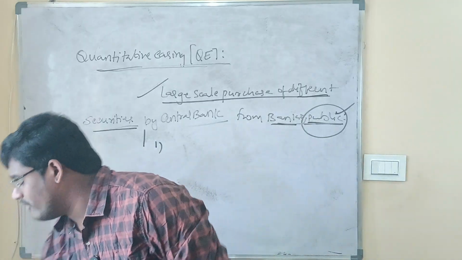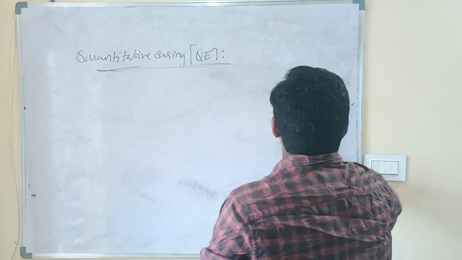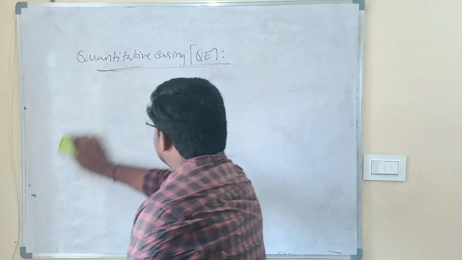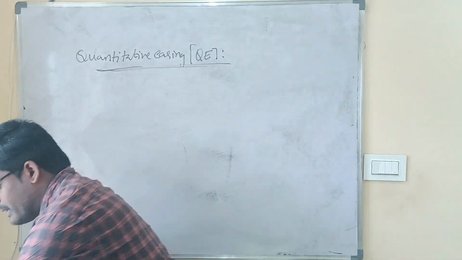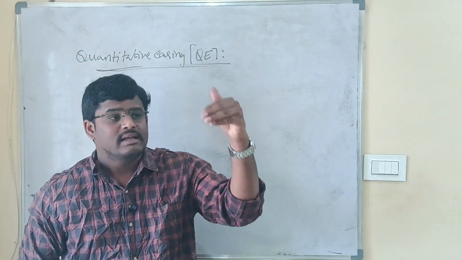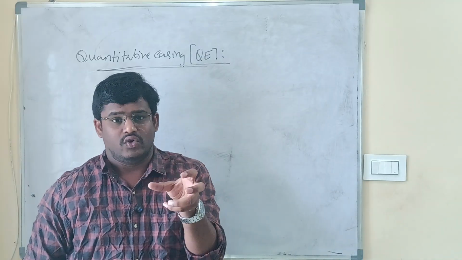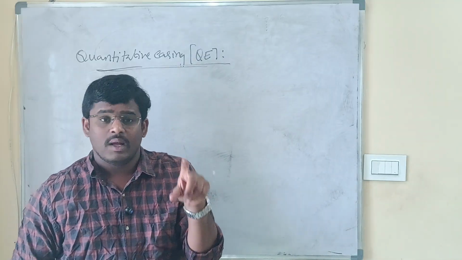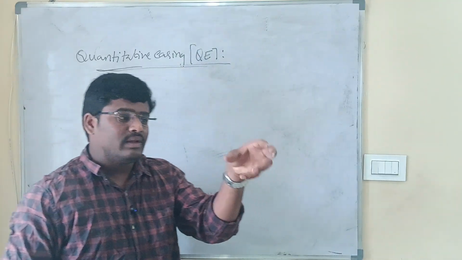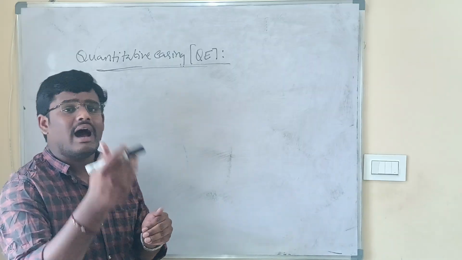Now, the definition of quantitative easing looks similar to the expansionary open market operation. In expansionary open market operation also, the central bank, that is the Reserve Bank of India, is buying only government securities. But whereas in quantitative easing, the central bank is purchasing not just government securities, other things also.